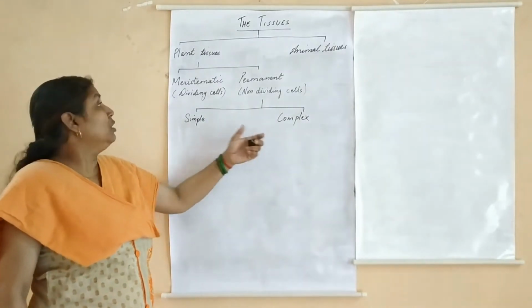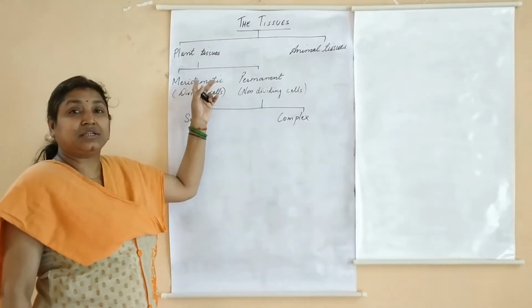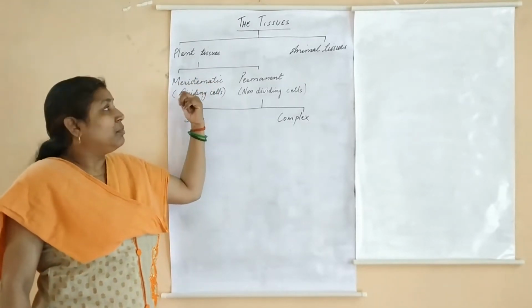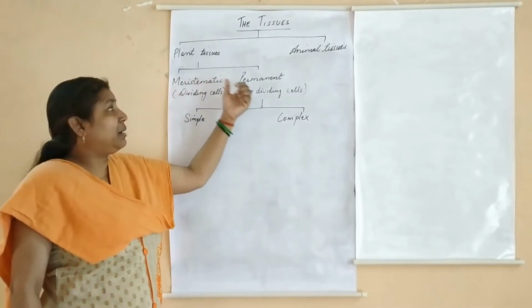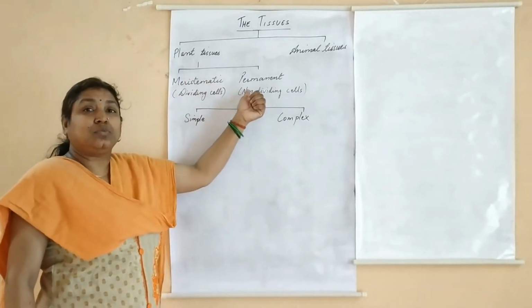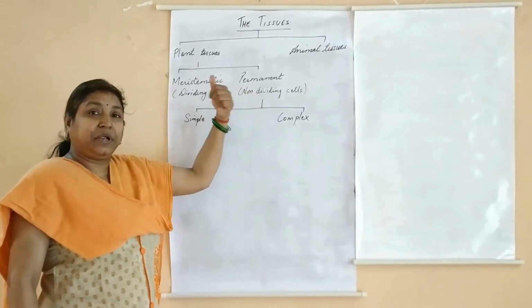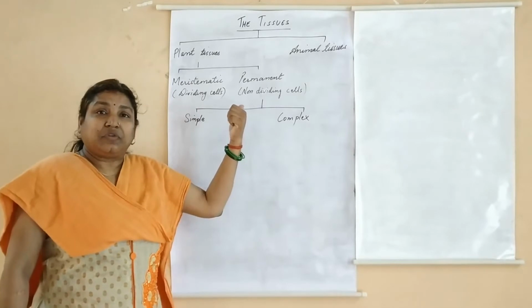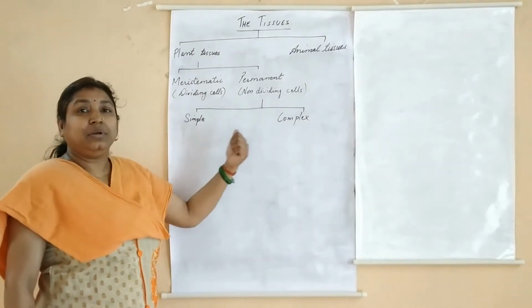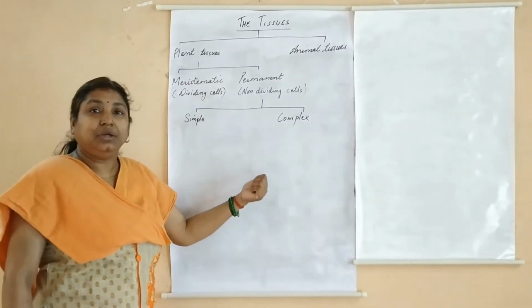As we all know, meristematic cells are dividing cells, so they have not been further categorized. But once these meristematic cells mature, they take up different shapes and sizes to perform different functions. So depending on the functions they perform, they have been categorized into different types.